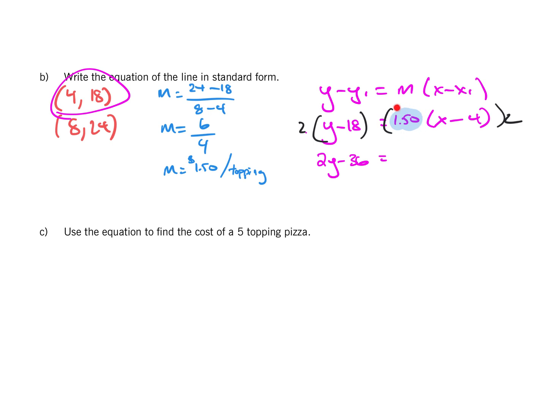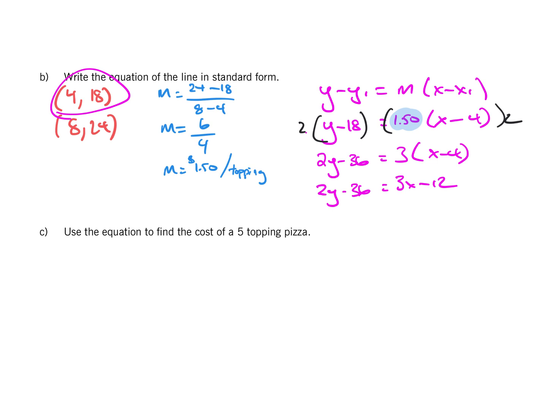So if something costs $1.50 and you buy 2 of them, well, you end up with 3. So 3 bracket x minus 4. 3 times x minus 4 is 3x minus 12, 2y minus 36.